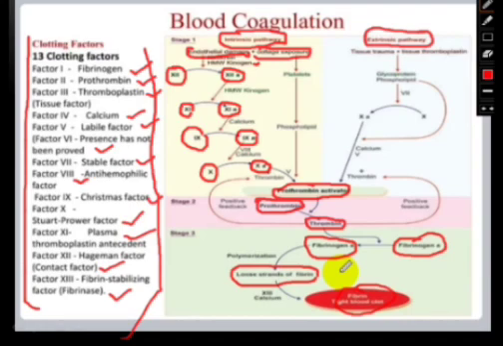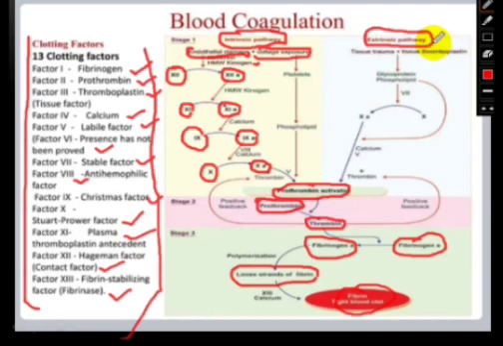So that is for the intrinsic pathway. The other pathway is known as the extrinsic pathway.